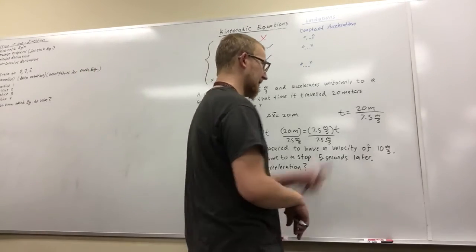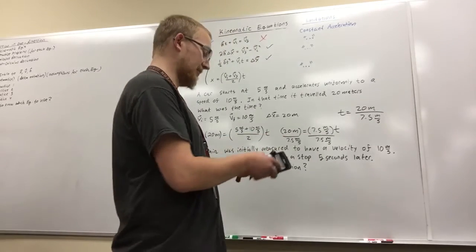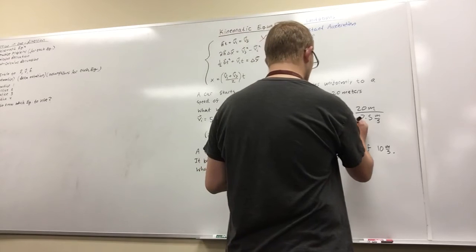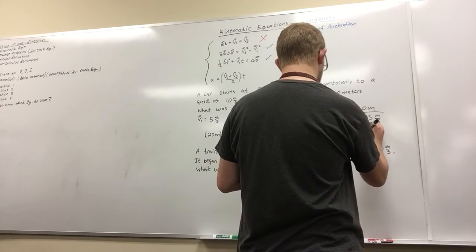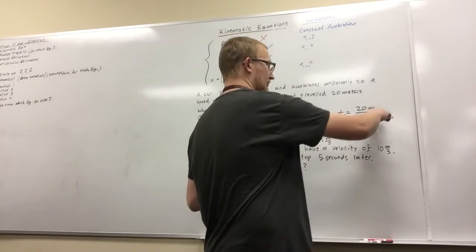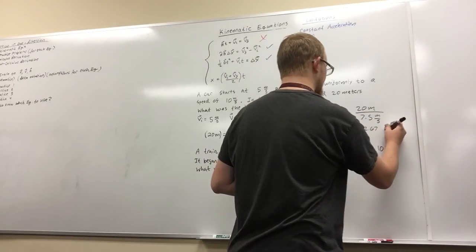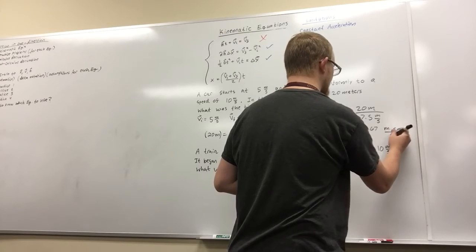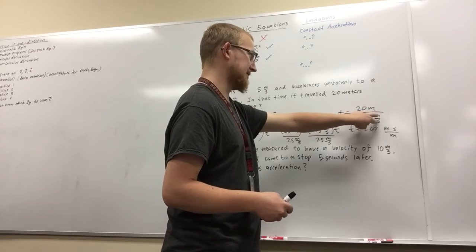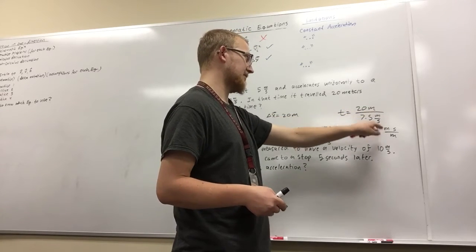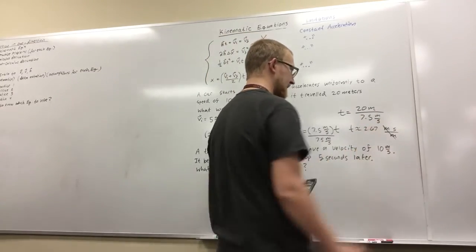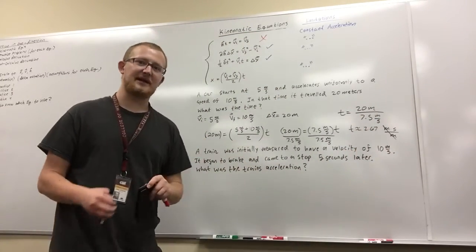As far as the numbers go, we divide 20 by 7.5, which gives us approximately 2.67. And then the units, inverting and multiplying, are going to be meter seconds per meter, because the seconds end up on top and the meters end up on bottom. So the meters cancel, and we end up with 2.67 seconds, which is good.